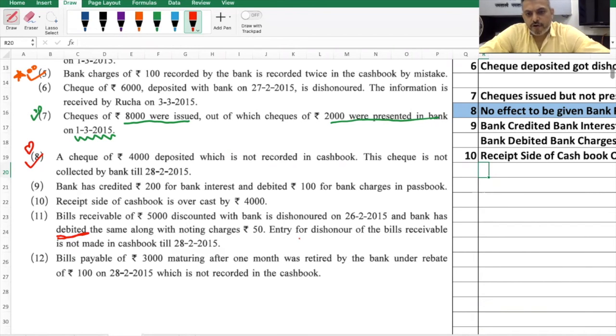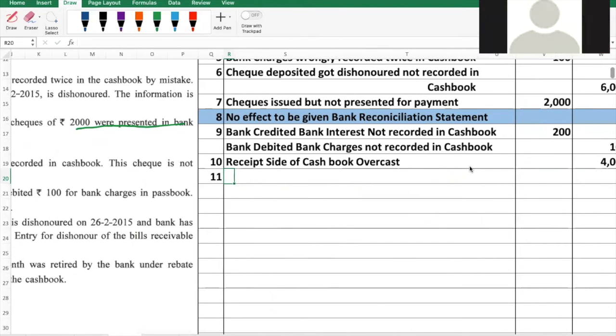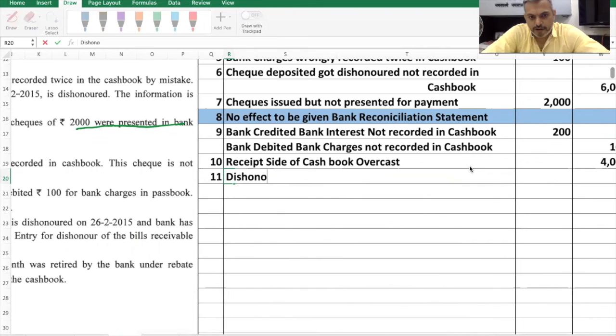Entry for dishonor of bill receivable is not made in cash book till 28th of February 2015. So over here bank has debited. So we should record on what side in BRS? Credit side.